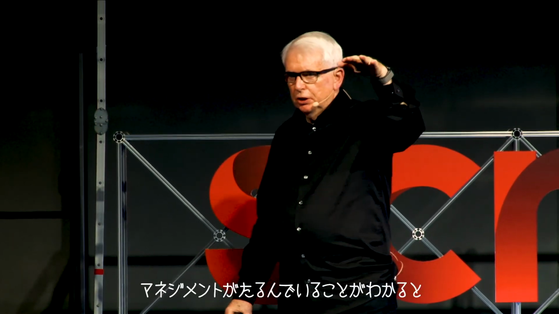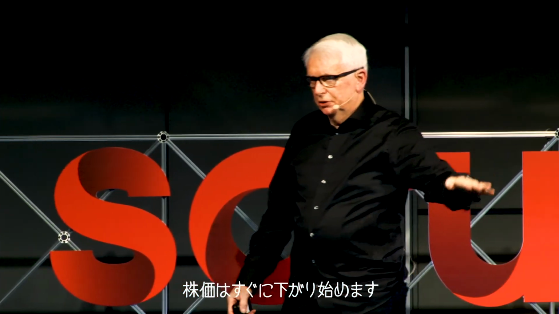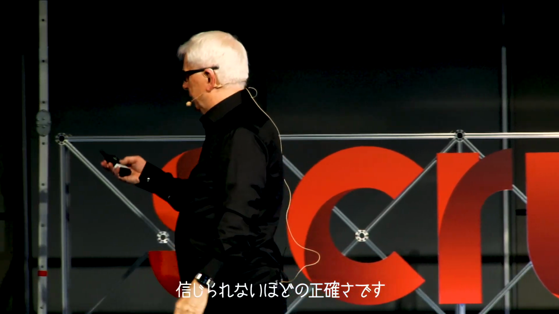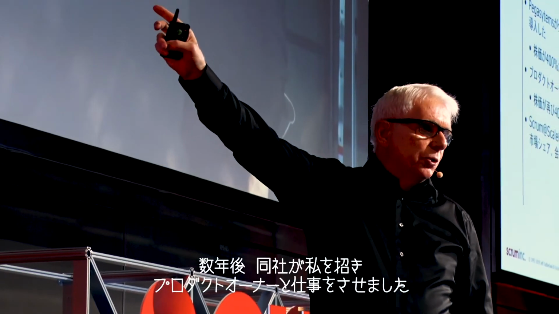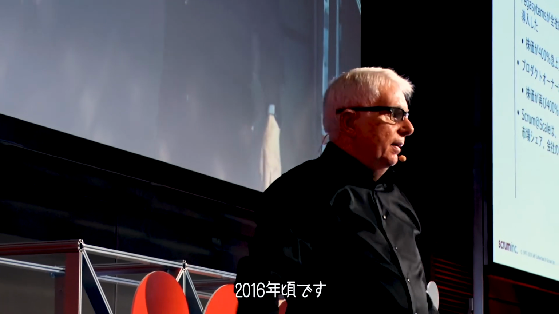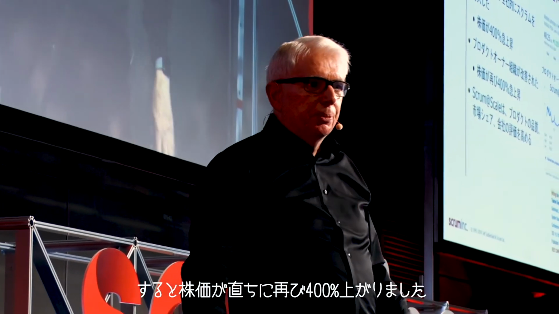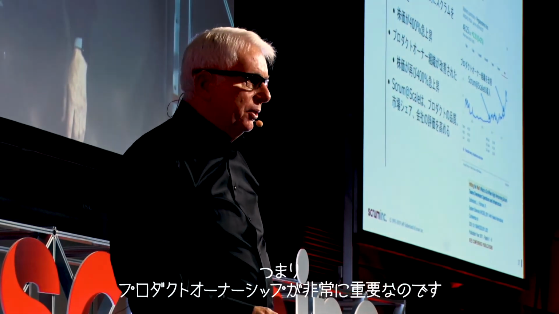And as soon as they realize the management is slacking off, it'll start to go down. It's unbelievably accurate. Some years later, they had me come in and work with the product owners back around 2016, and the stock price immediately went up 400% again, okay? So product ownership is really critical.